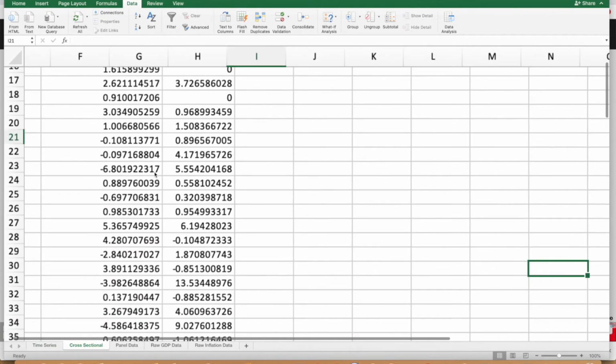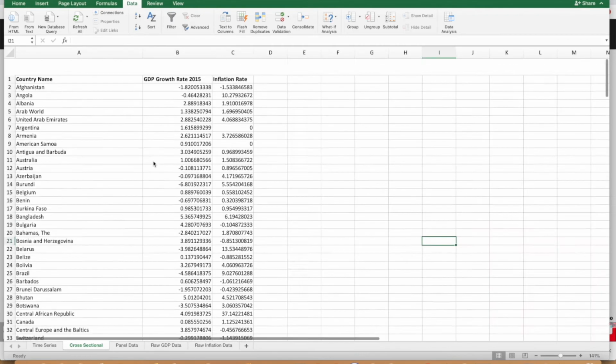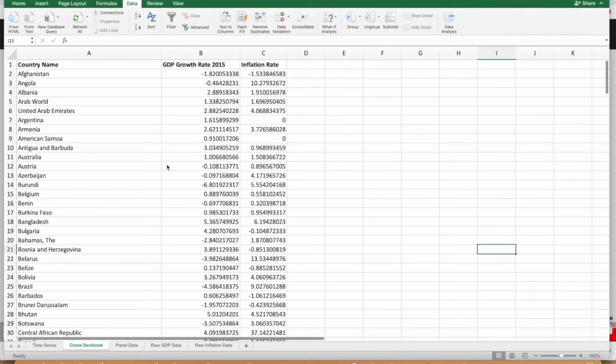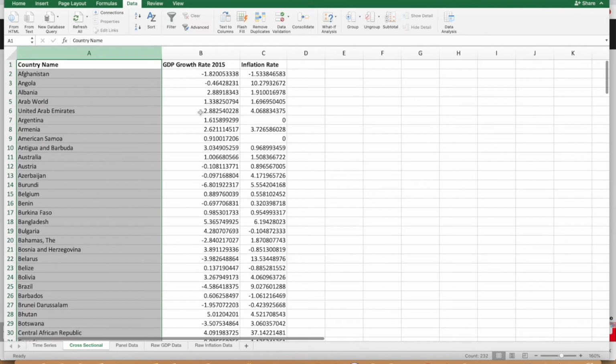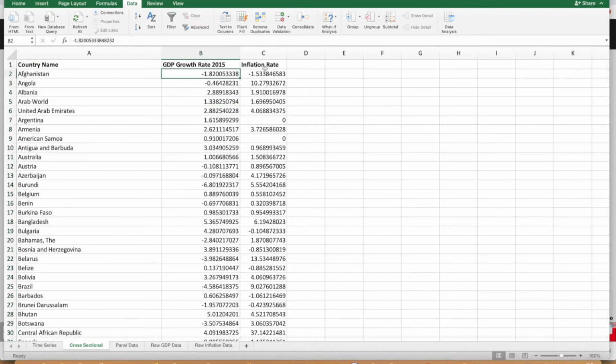Now look at this data for a different way to think about it. So here, this is called a cross-sectional data set. Now notice that I have a bunch of different countries, and for each country, I have an economic growth rate and an inflation rate. So this X, negative 1.82% growth in Afghanistan in 2015, is paired with this inflation rate right here, negative 1.53% inflation in Afghanistan in 2015.